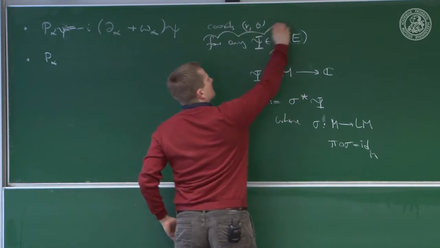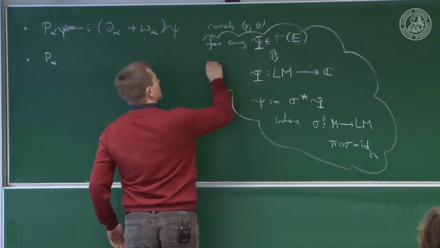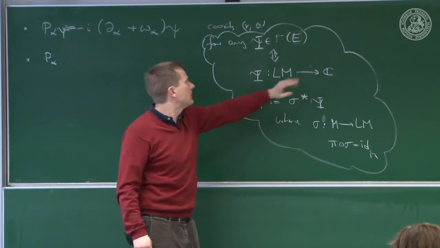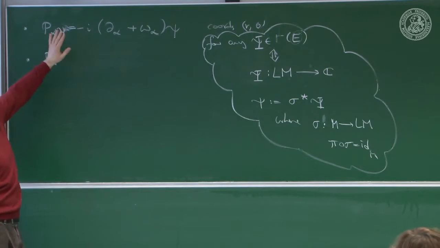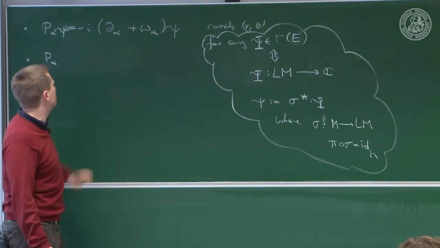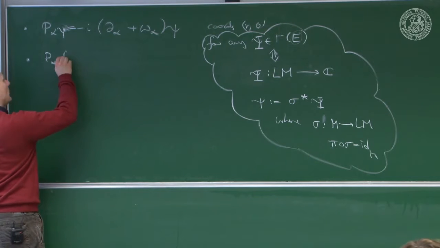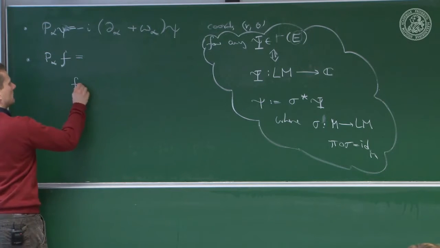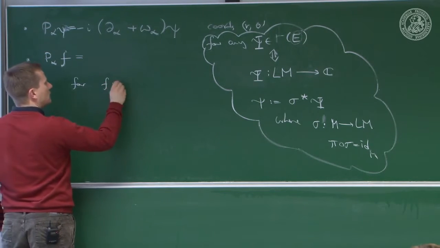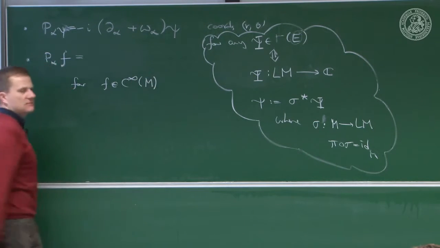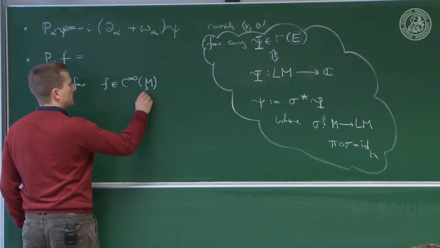So I put this in the cloud because when we later on want to make the transition to this, we'll have to take into account what this psi is. But the moment we treat it like this, it's being derived by the covariant derivative. Now, however, what would happen if we apply the same momentum operator to a function f which now really is a smooth function on the base space, which we can say is R^d as a manifold?